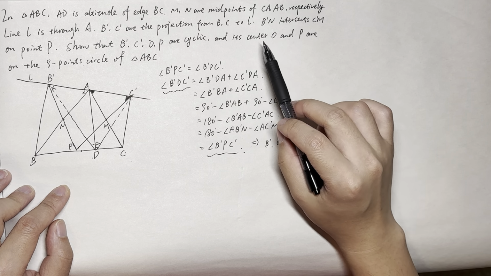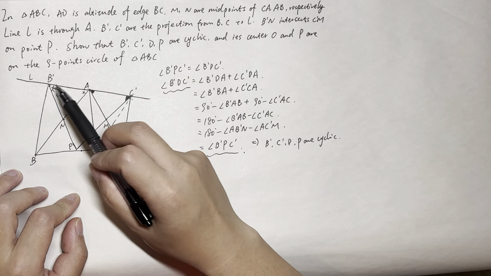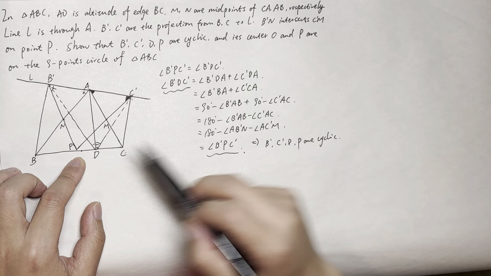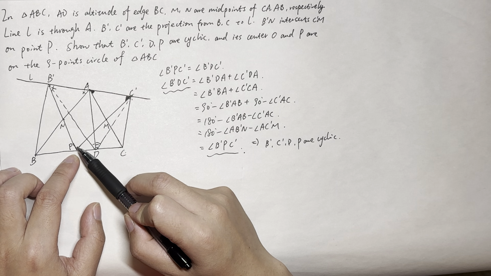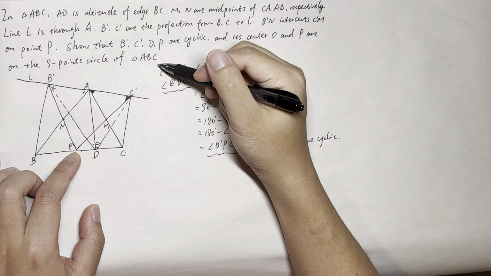Now we want to prove that the center O of this cyclic quadrilateral and point P are on the 9-point circle of triangle ABC.